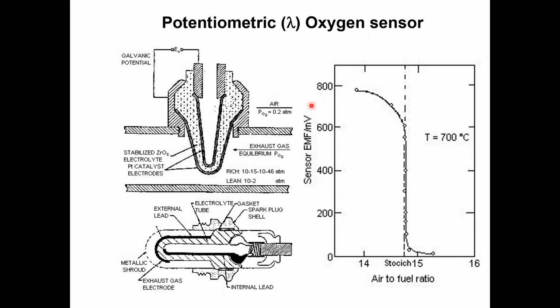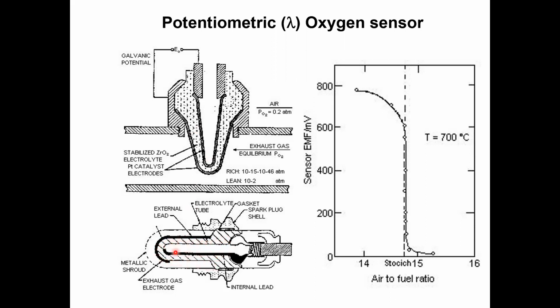So here is some design. Again, the stabilized zirconia tube, painted with platinum inside, painted with platinum outside, and you're measuring the EMF by connecting inside versus outside. And this is in the exhaust environment. So here's another design. You can see, again, the stabilized zirconia tube.